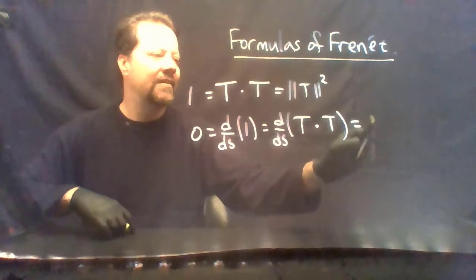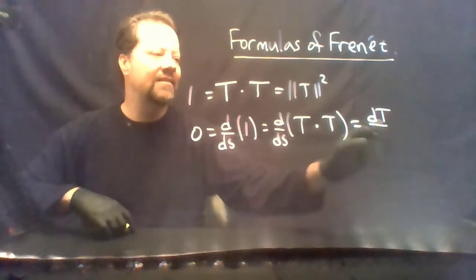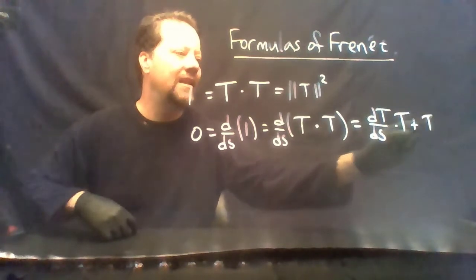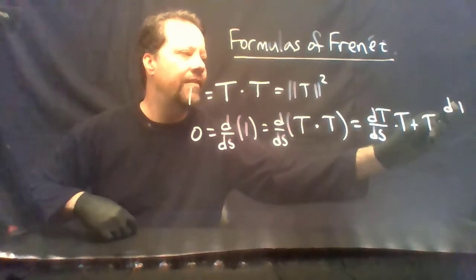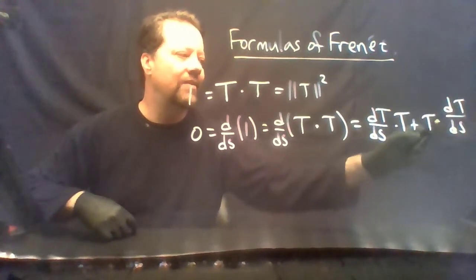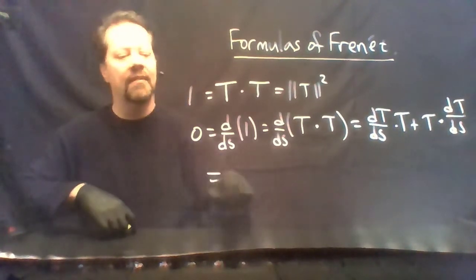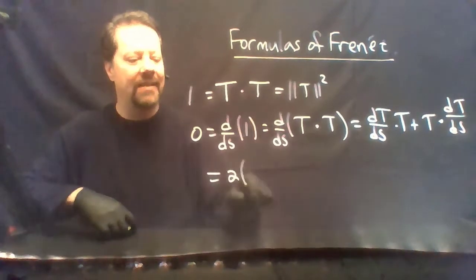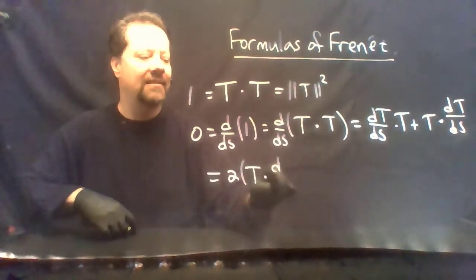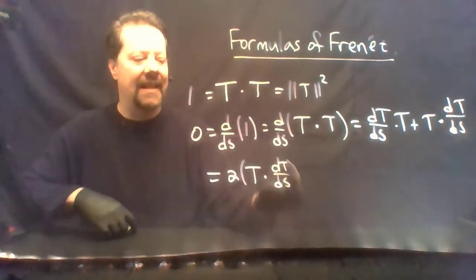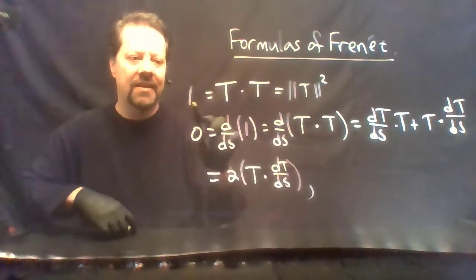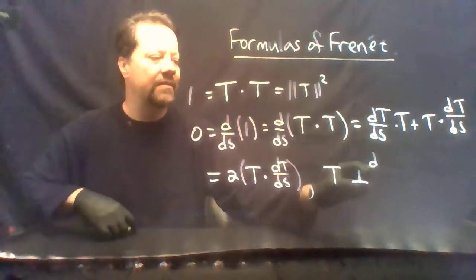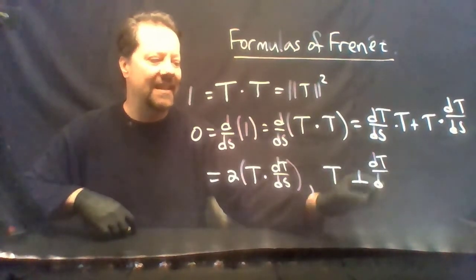That's going to be the derivative of T with respect to s dot T plus T dot the derivative of T with respect to s. Since the dot product is symmetric, we get twice T dot dT ds. Since we get 0 on this side, that means T is orthogonal to dT ds.